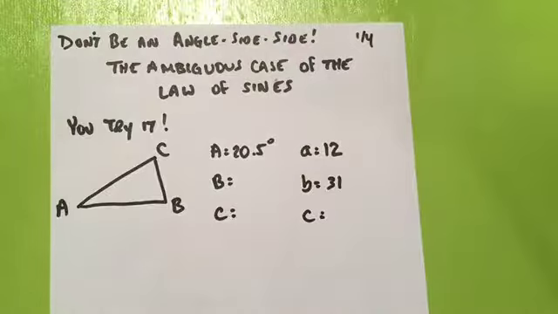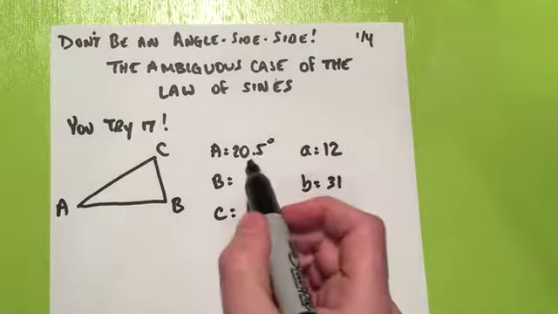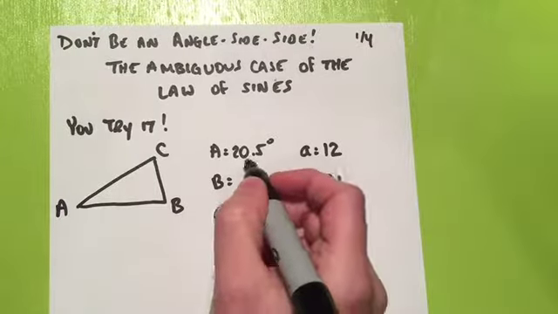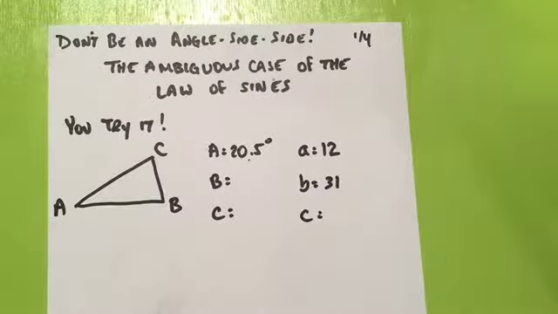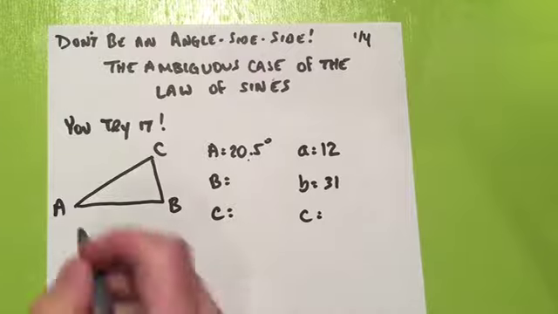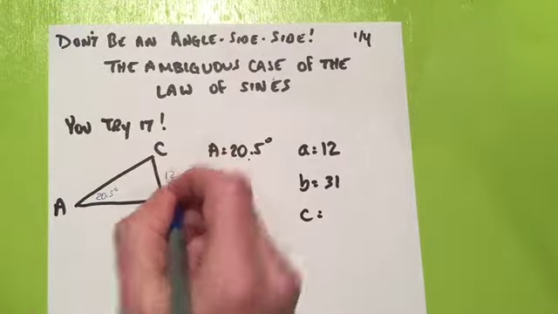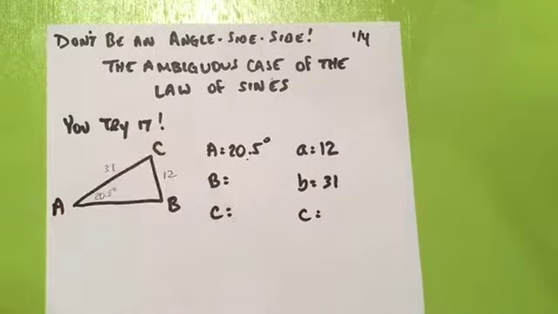So, here's an example. We've got two sides and an angle: 20.5 degrees, a side length of 12, and a side length of 31.